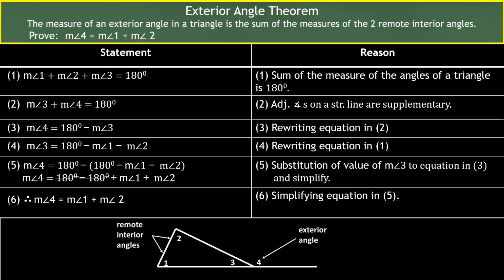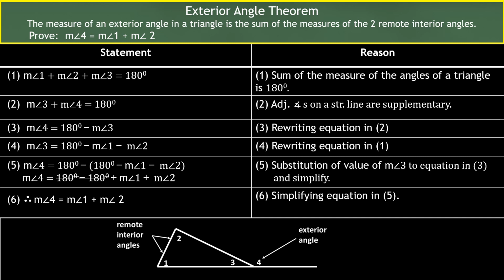By substitution, you have 180 minus the measure of angle 3. In statement number 4, we have the definition of the measure of angle 3. So we substitute the value of the measure of angle 3 into the equation in statement 3. That means the measure of angle 4 is equal to 180 minus 180 plus the measure of angle 1 plus the measure of angle 2.